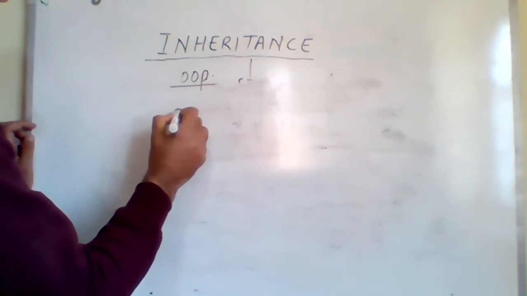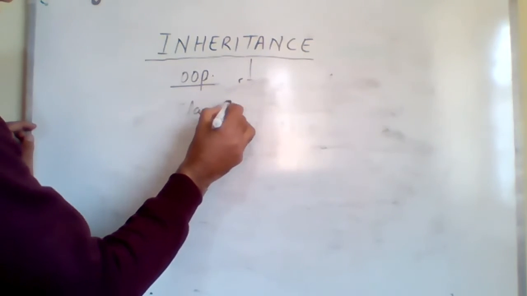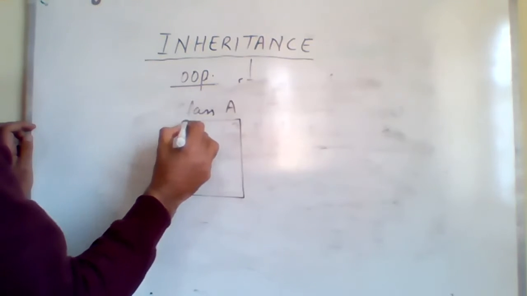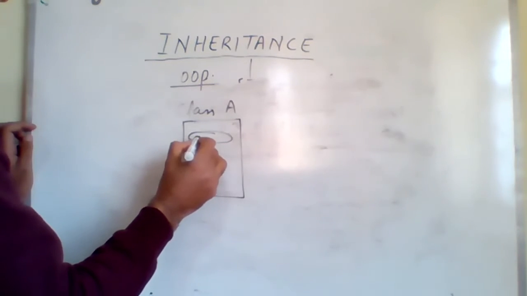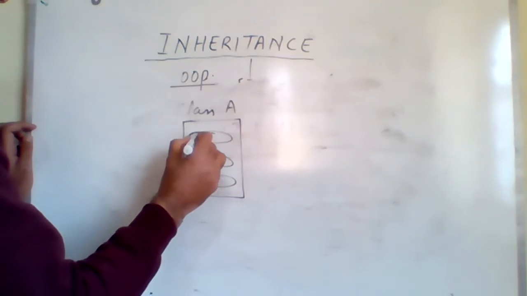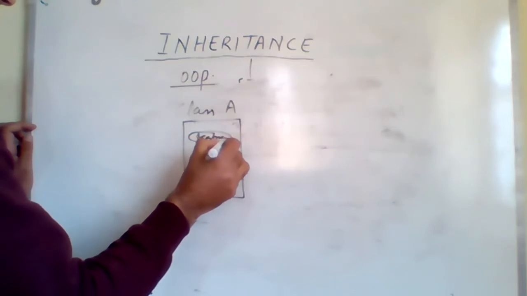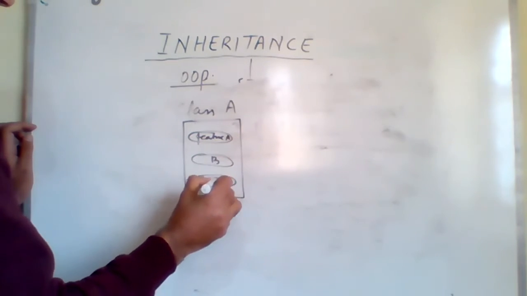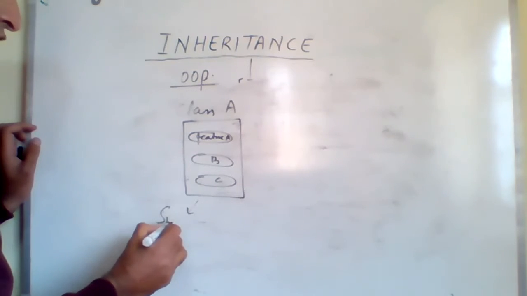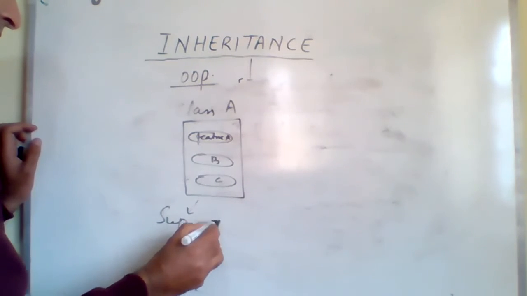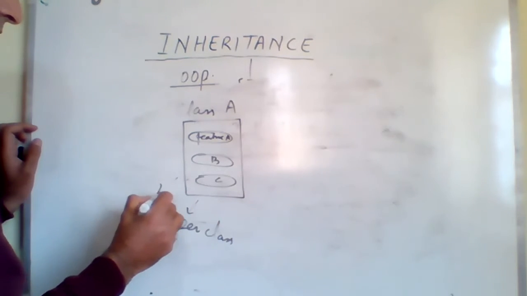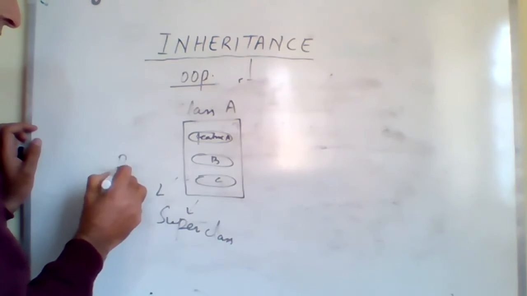For example, we have class A, and this class has features A, B, and C. So this class is a superclass or base class.